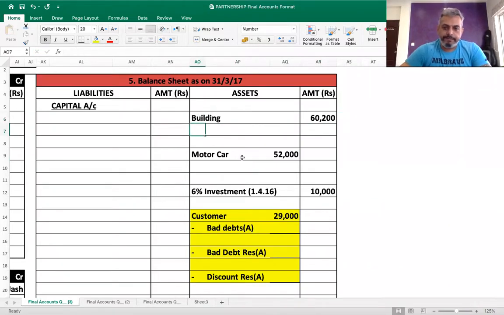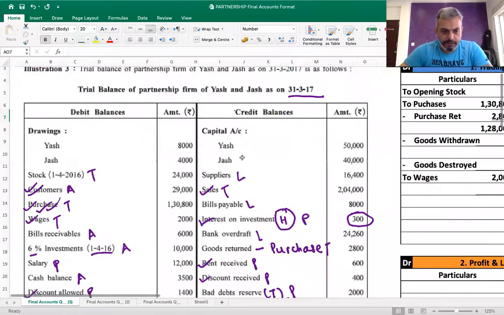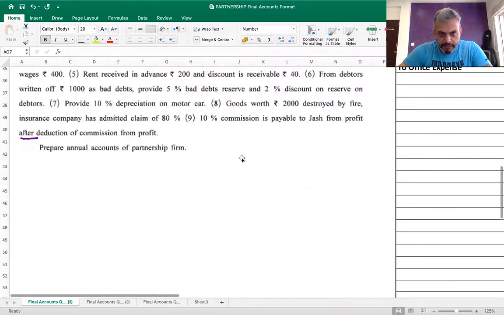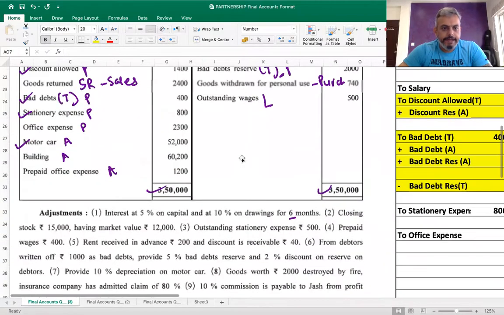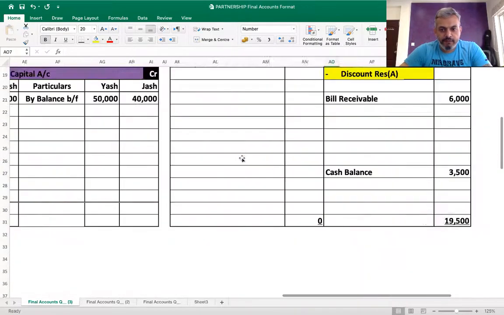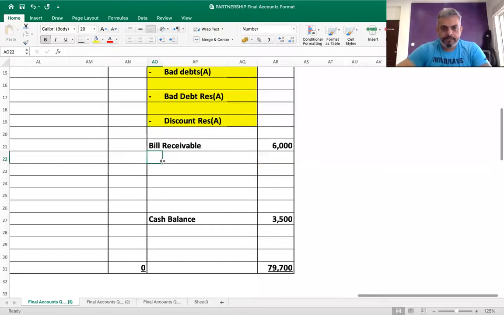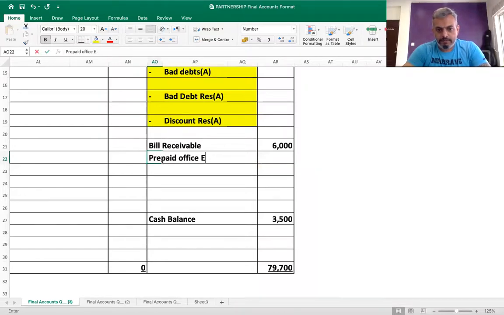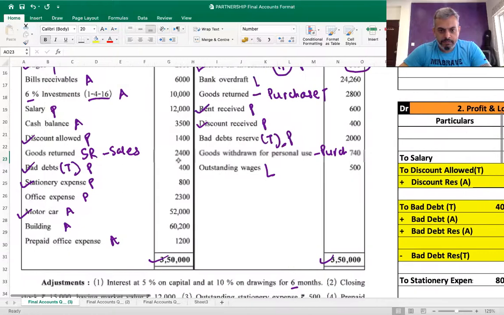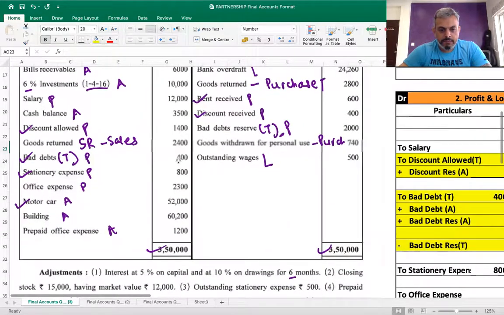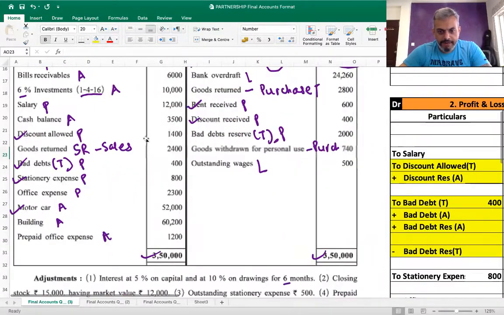Now in the outer column, there is no adjustment in building. Then prepaid office expense 1,200. Okay, all the debit balances done.